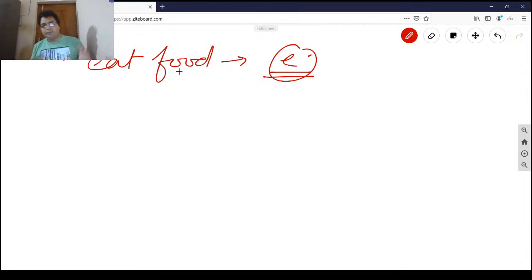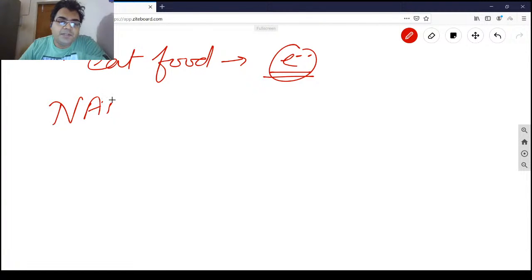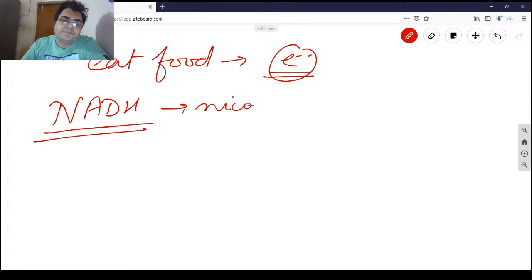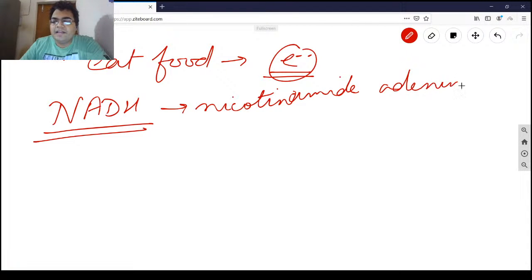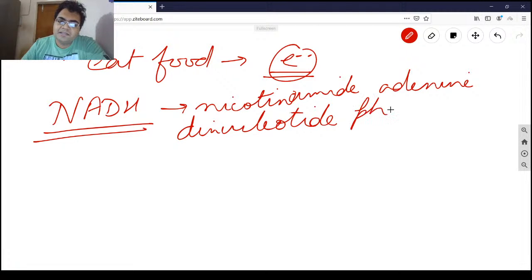Simply what happens is when we eat food, electrons are shed out of the food, and this molecule is produced: NADH, that is nicotinamide adenine dinucleotide plus hydrogen.